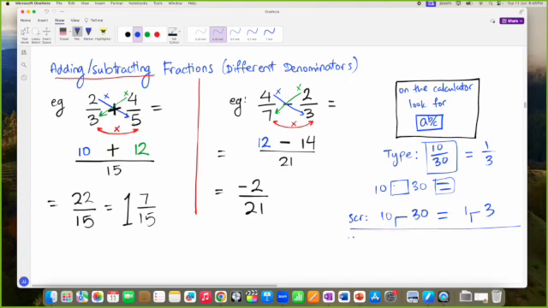So if you wanted to type, say, 1 2/3, you would have to type 1 and press the button, and then 2 and press the button, and then 3 and then press equal, and you would have this on the screen, and that means 1 2/3. So this is how a mixed number would look on your calculator.